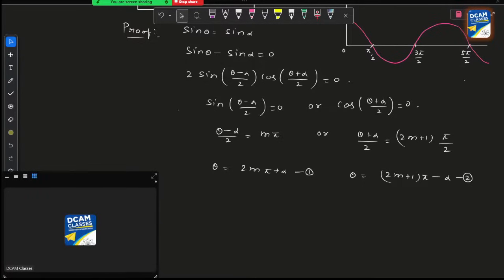Here if you see, this 2m represents what?